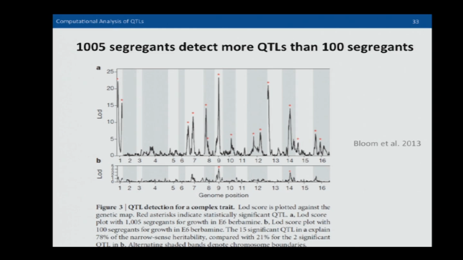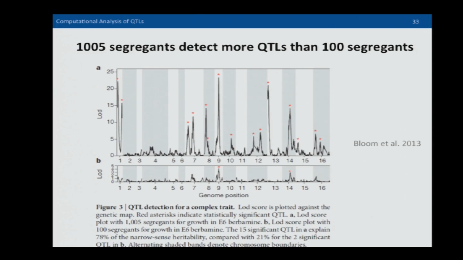Now, that is for 1,000 segregants in the top. What was discovered for that particular trait was 15 different loci that explained 78% of the phenotypic variance.